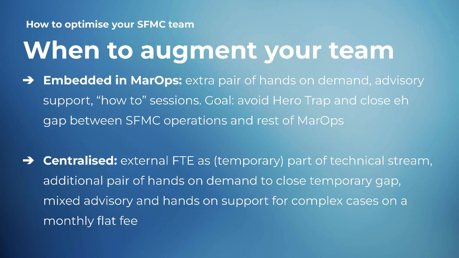Additional pair of hands to close the technical gap, and again, mix advisory and hands-on support. Look also for the options with an agreed scope and flat monthly fee so that you don't fall into the trap of avoiding reaching out to the consultant because every communication is expensive.